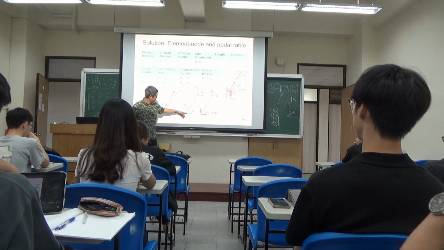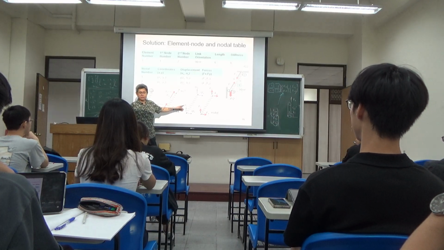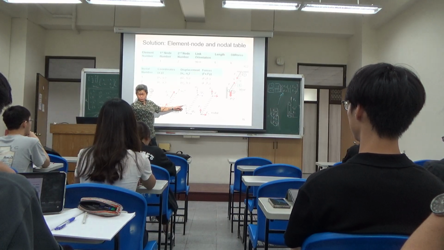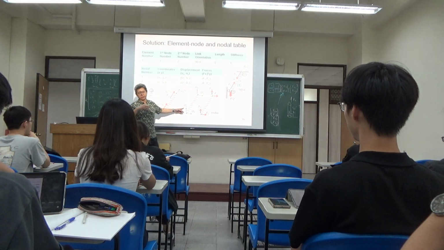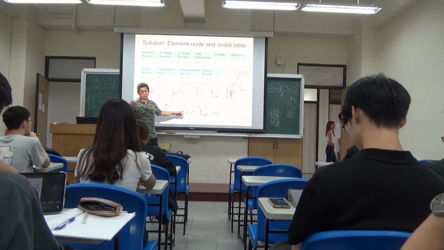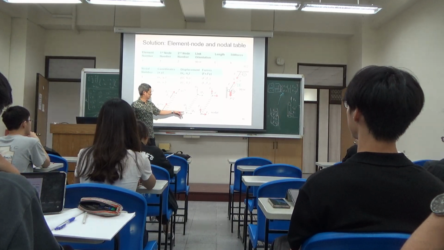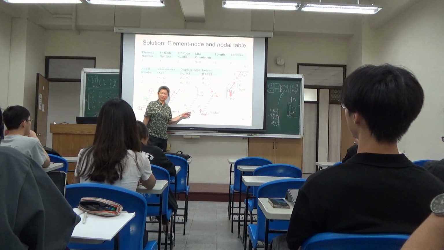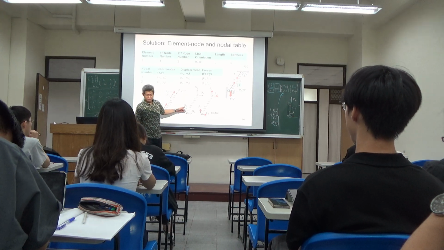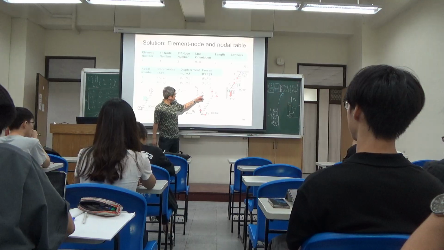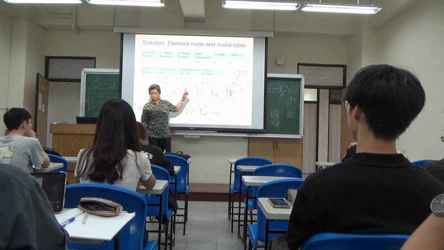Likewise, for unknown displacement U1, V1, which I defined previously, to the program there is no difference between U and V. There are displacement variable 1, displacement variable 2, displacement variable 3, and displacement variable 4.